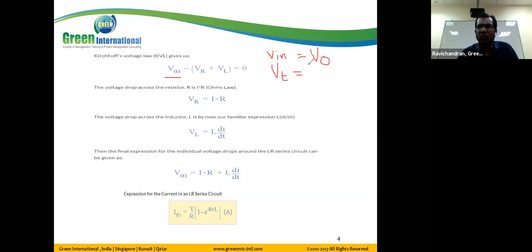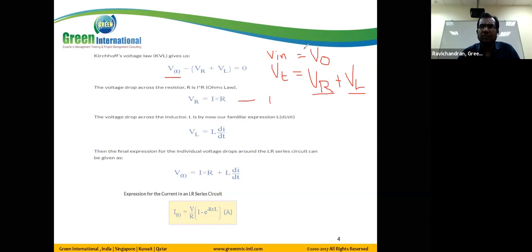V in is the supply voltage, and V out has two elements, the resistance and the inductance. So the applied voltage Vt minus VR minus VL is equal to 0. From Ohm's law, the voltage drop in the resistance is VR, which is equal to I into R. From Faraday's law, VL is equal to L into di by dt.